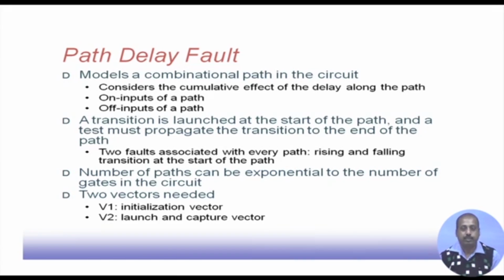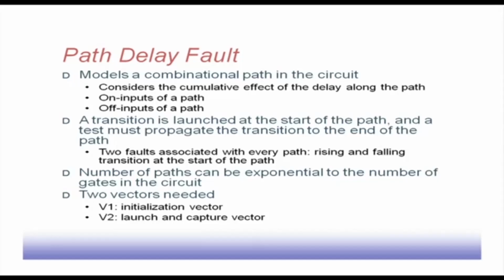If it is within a reasonable time, then we say that the path does not have any delay fault. But if the transition reaches after that, then we say that there is a delay fault, and we can find a particular input pattern that can excite that delay fault, and we can see that delay fault at the output.